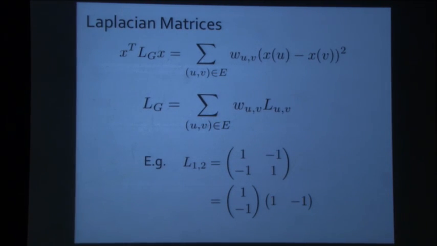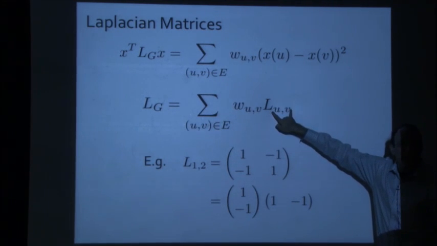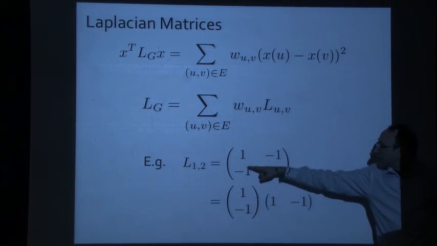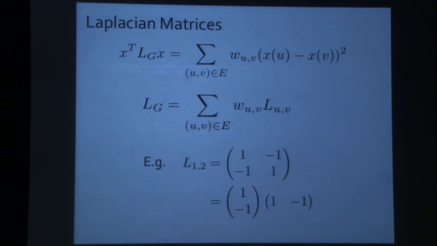So between vertices u and v, I will make a Laplacian which just corresponds to edge uv. And here's what that looks like. Say if I just have two vertices, let's label them 1 and 2, the Laplacian matrix looks like this for an edge just between vertices 1 and 2. If there were more vertices in my graph, then just pad out with zeros.